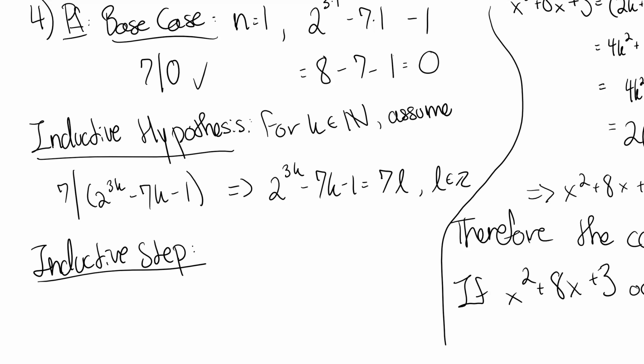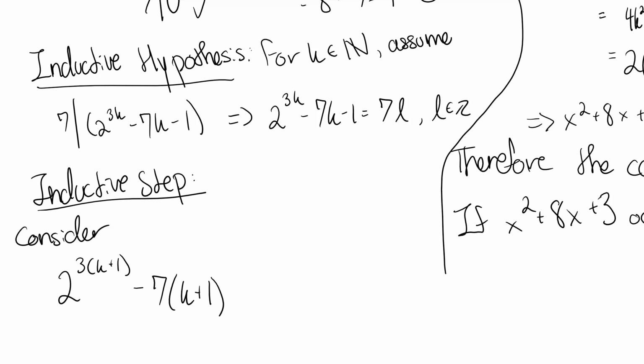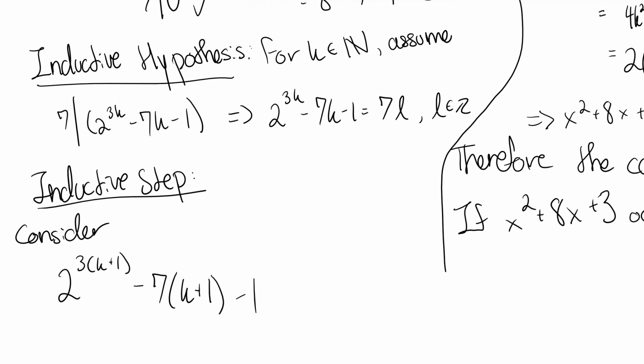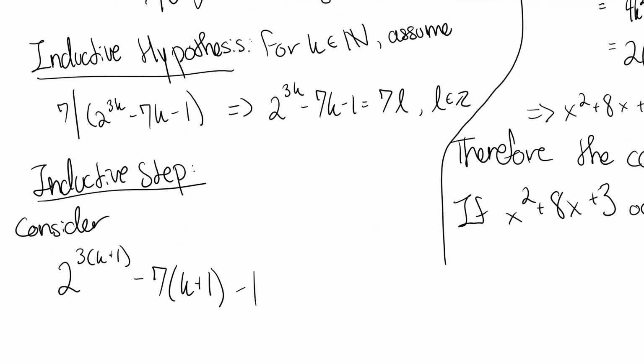Okay, so now let's consider 2^(3(k+1)) minus 7(k+1) minus 1. Let's try to make this thing look like what we had before. What we have up here, I guess is what I mean. Or at least something similar to this.